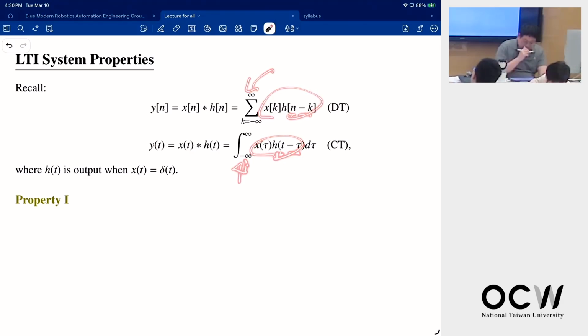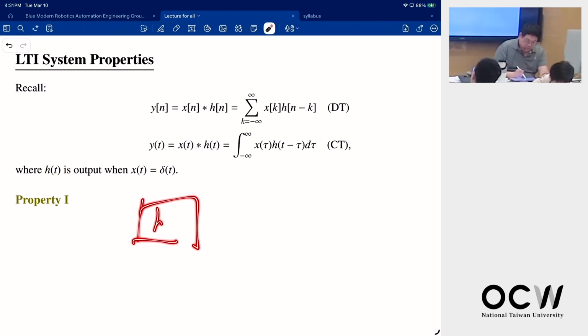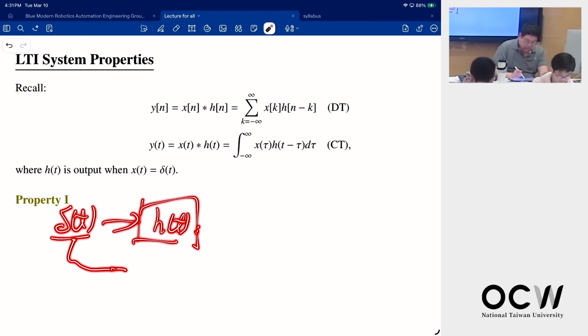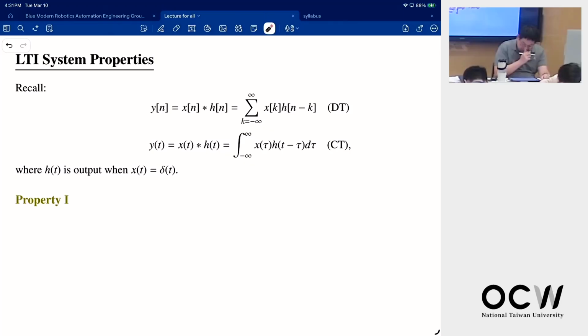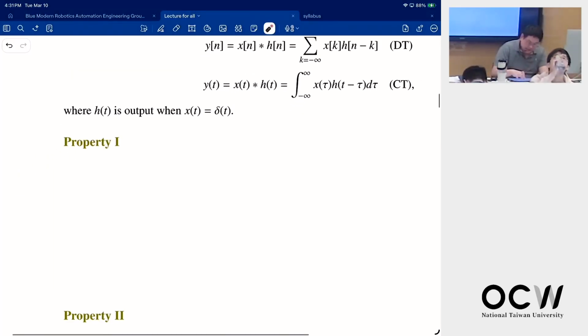And then what is h(t), for example, here? That is the output when your input is an impulse. I will get the output just h(t). That's the impulse response.